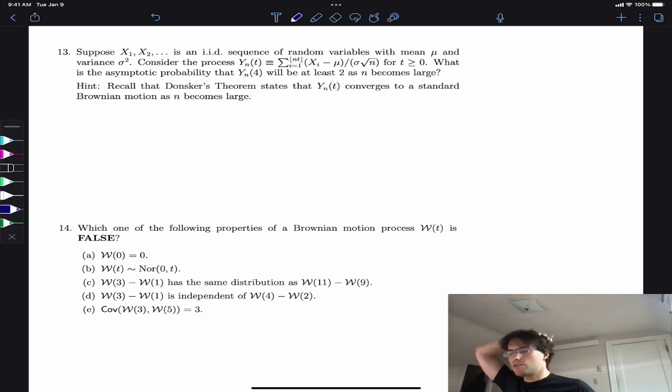Suppose X1, X2, ... is an IID sequence of random variables with mean mu and variance sigma squared. So consider the process, and it's a lot of text. What is the asymptotic probability that Yn of 4 will be at least 2 as n becomes large?